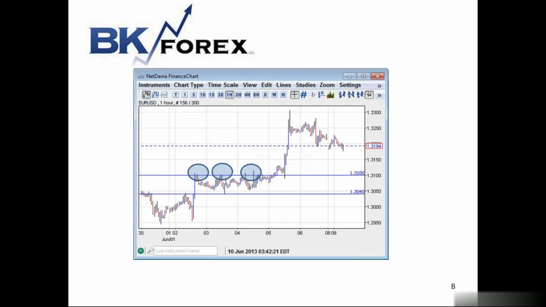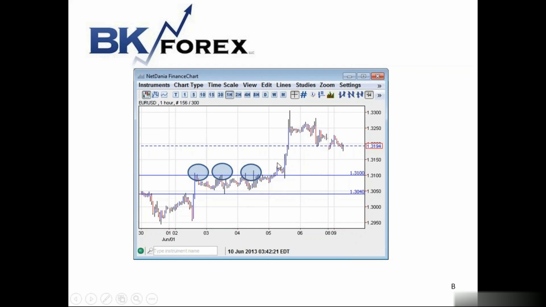So basically you see that your currency pair here has tested the top of this range at 131 3 times. And of course, we're looking for at least once or twice of the test, at least 1 or 2 times. And the more times the test, the better. So you want to look for the range high or low to be tested anywhere between 1 and 3 times.